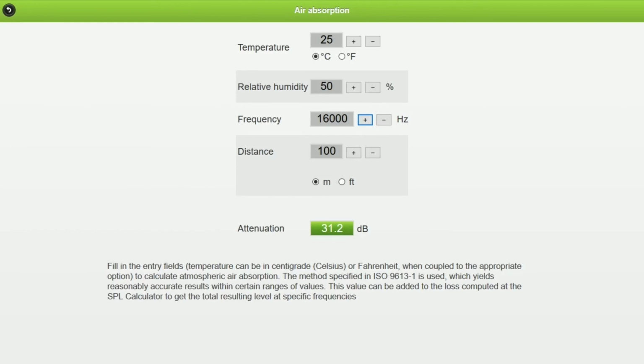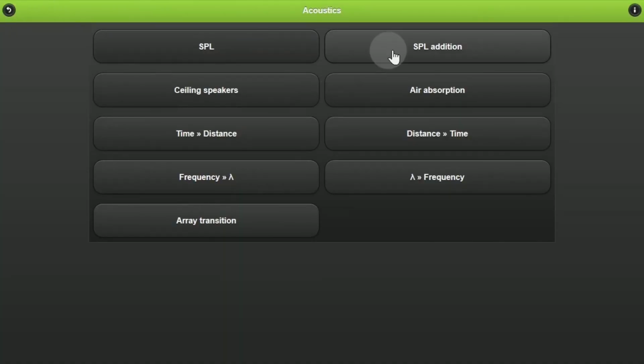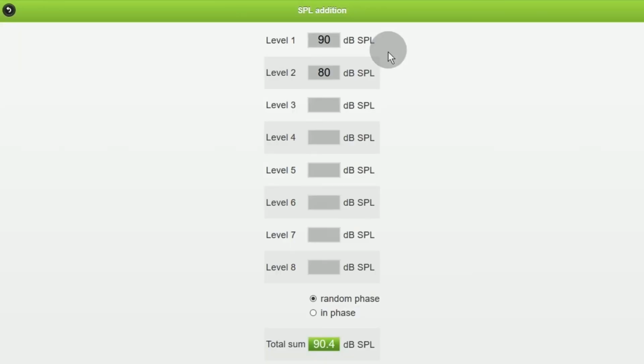The last sound pressure level related calculator is SPL addition, that allows us to add multiple SPLs with a phase option that should be used in the same way we saw before.